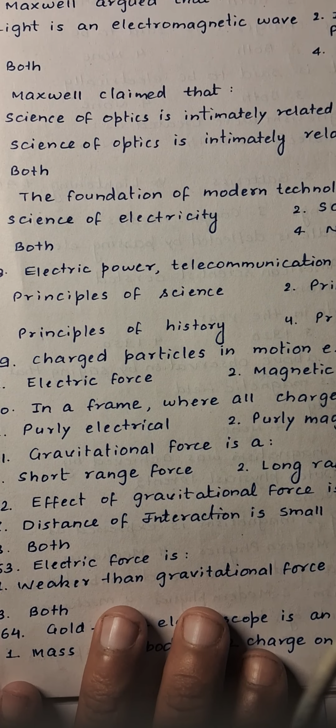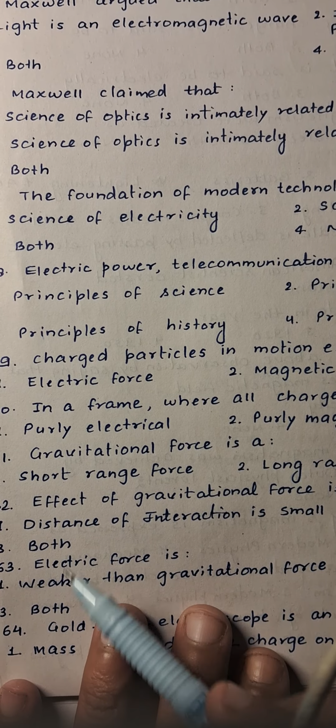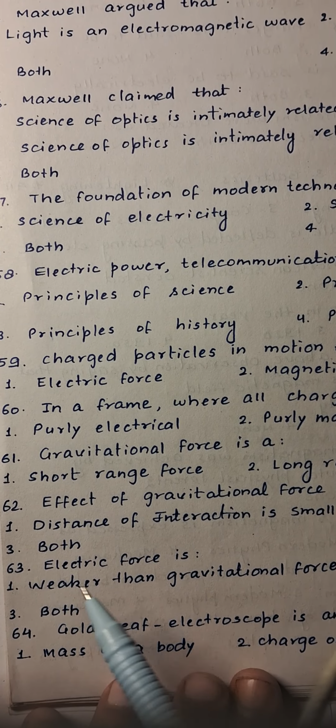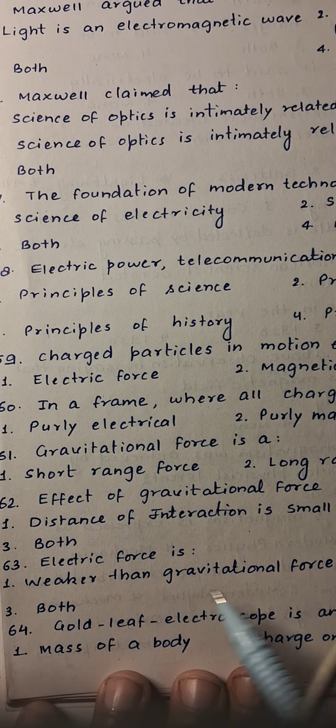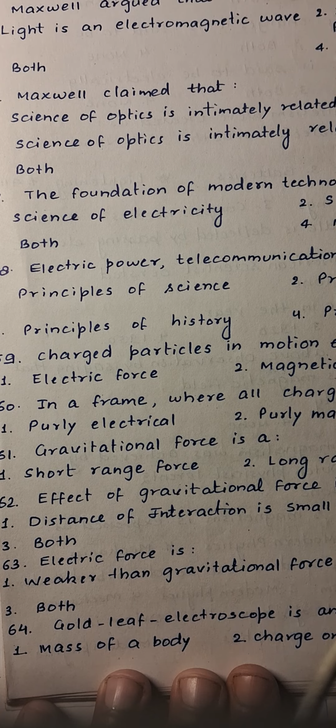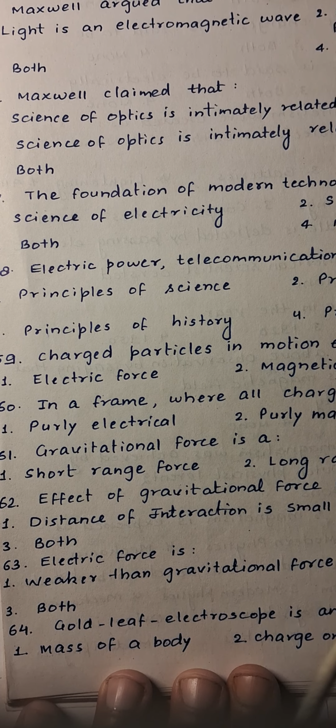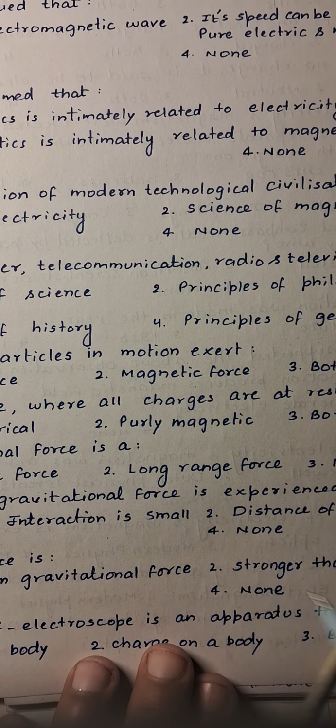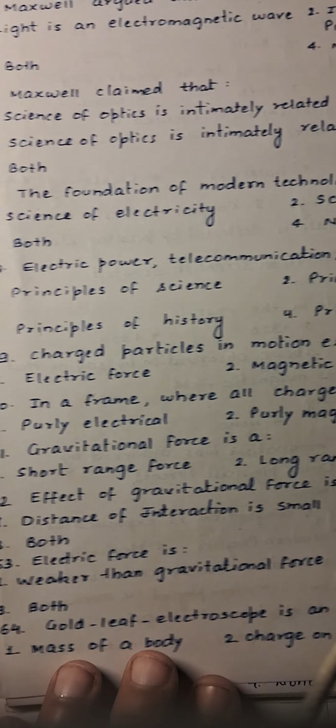So here because it is a long range force, it is felt at all distances. So third is correct over here. Next is electrical force is weaker than gravitational force, stronger than gravitational force, both or none. So it is stronger than gravitational force. So second one is correct over here.